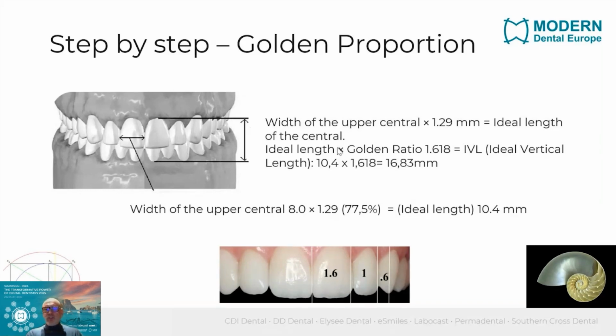And this golden ratio, the simplest description of the golden proportion is that if we take the lateral incisor as a factor 1, then the central incisor should be or would be 1.6, and the visible part of the canine, which is the mesial part in this frontal picture of the canine usually, would be 0.6. So that's what is considered as golden proportion for front teeth.